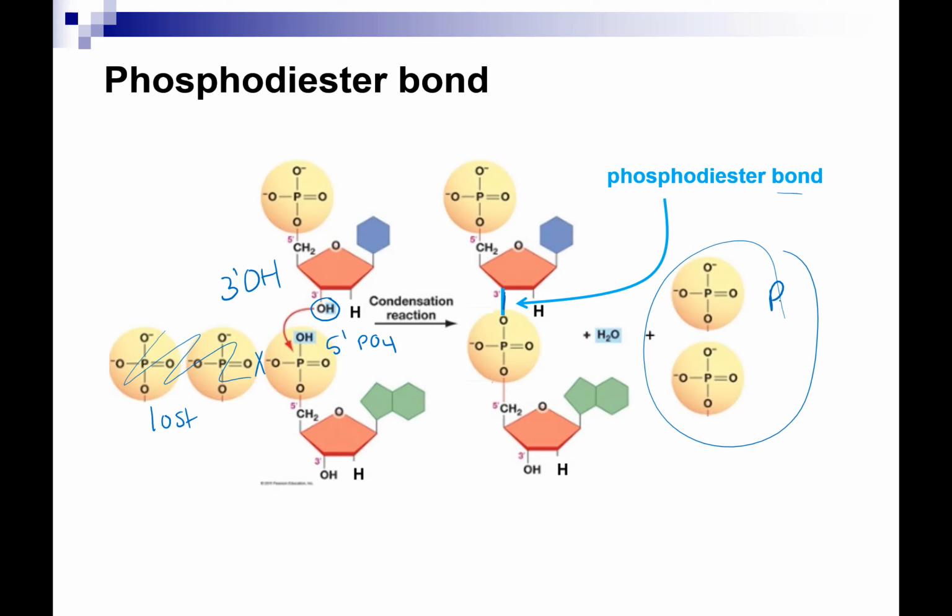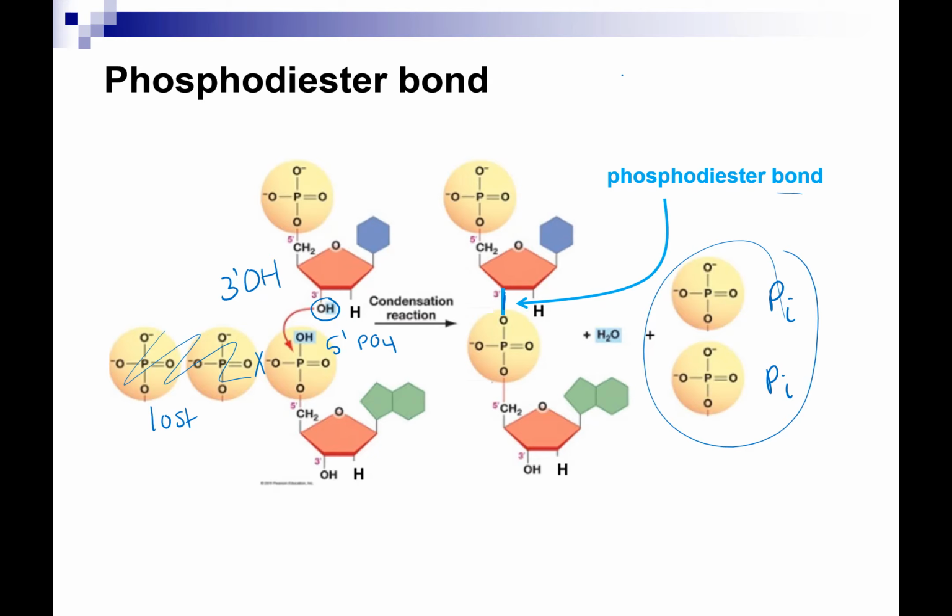So these could go, right? They're inorganic phosphate. These could go on and go into the mitochondria and be used by ATP synthase to make more ATP. So lots of stuff is recycled in the cell. This is your energy source.